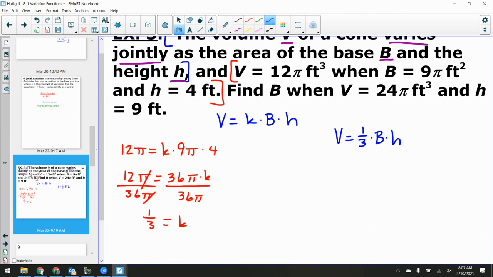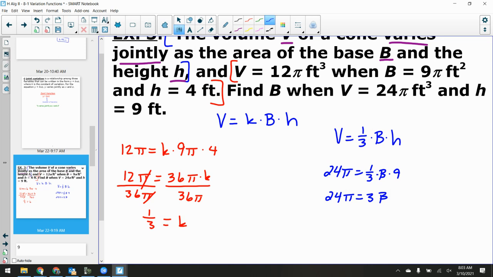All right, now the last part of the question says, find B when the volume is 24 pi and the height is 9. Okay, so now I can say, well, 24 pi is equal to 3 times the area of the base.